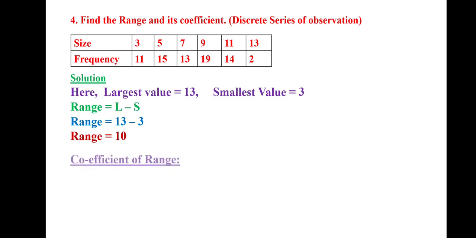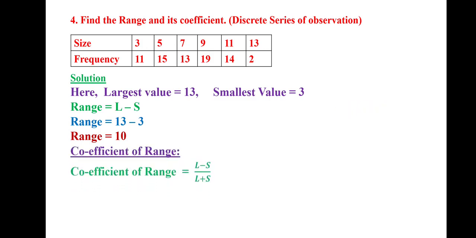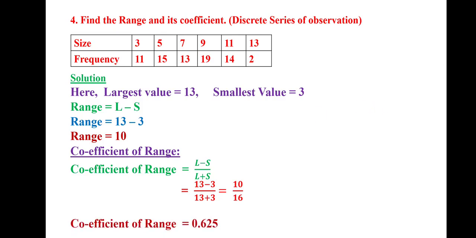Then coefficient of range is L minus S divided by L plus S, that is 13 minus 3 divided by 13 plus 3, equals 10 by 16. 13 minus 3 equals 10, 13 plus 3 equals 16. So 10 by 16 gives 0.625. This is the coefficient of range.